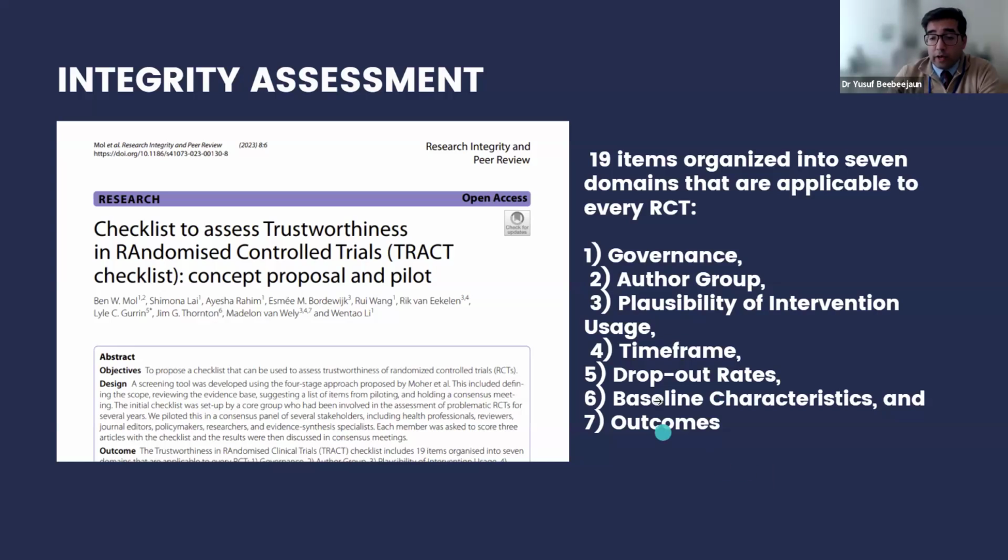Then you also look at dropout rates, which is important in terms of how many patients were part of the protocol registration for a study trial, what power calculation they've done, and how many they've actually recruited. If there's a massive difference in that, it doesn't fit the TRACK checklist. And then whether the outcomes of interest are the same as what was reported in the clinical trial registration and what was published.